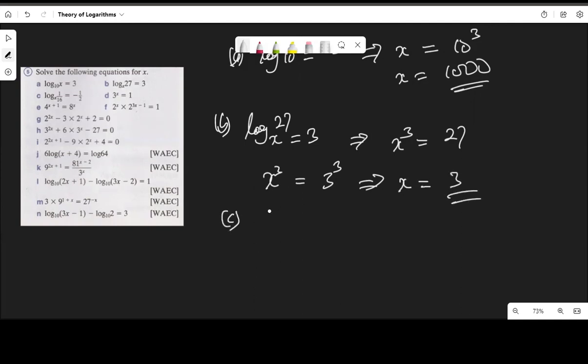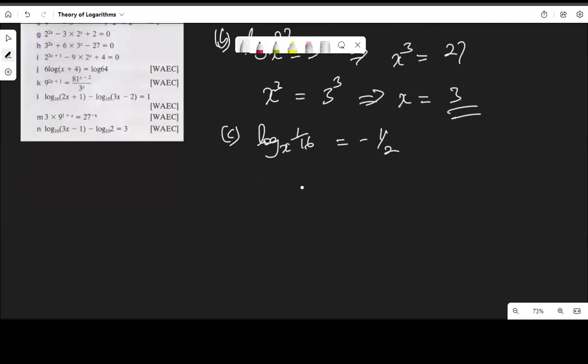On question C, we have log 1 over 16 to base x equal to negative 1 over 2. Expressing this in index form, x to the power of negative 1 over 2 is equal to 1 over 16. To remove the negative index, that will be 1 over x to the power of half equal to 1 over 16, which means x to the power of half is equal to 16.